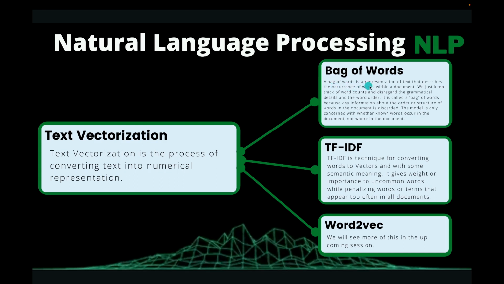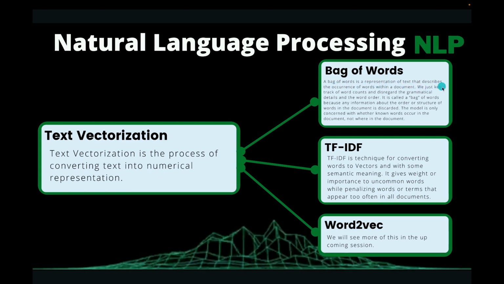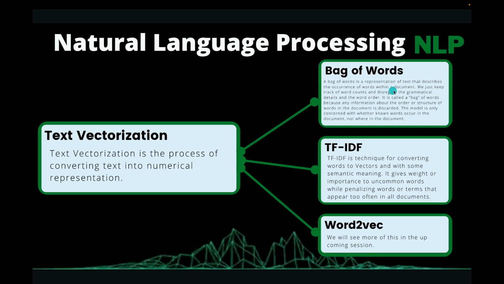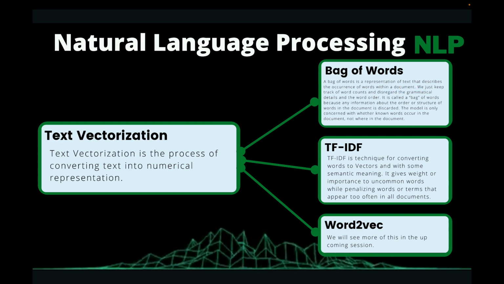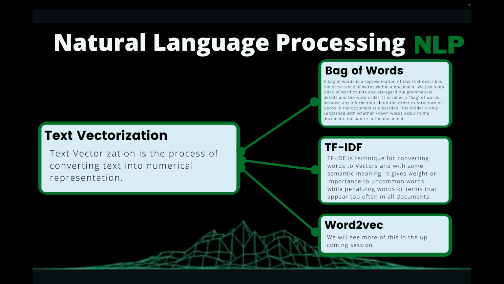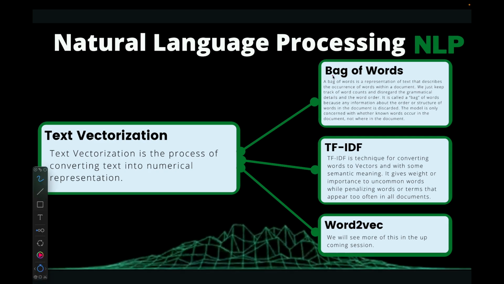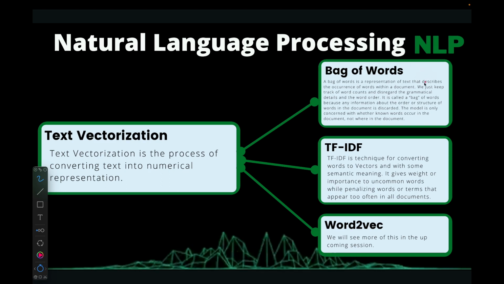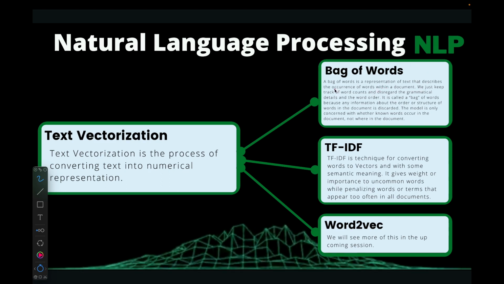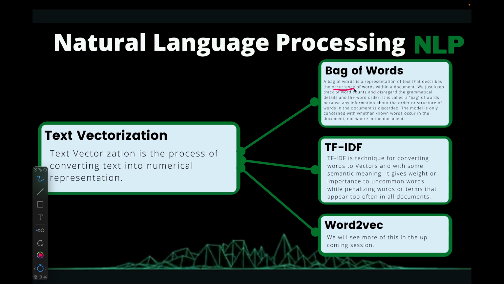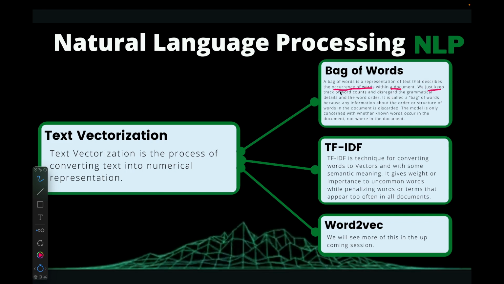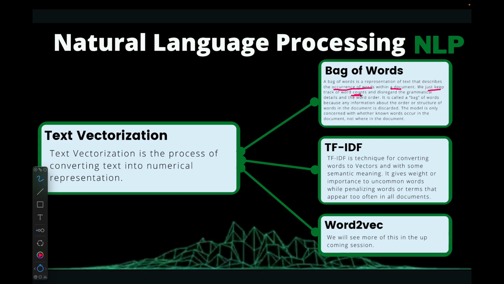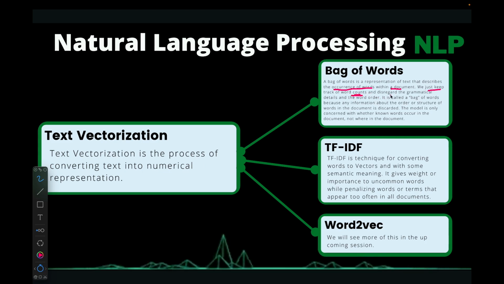Bag of words is a representation of text that describes the occurrence of words within a document. We have a document and then we see how often a particular word occurs. We saw how we do that on the Excel sheet. Our main concern here is to check the occurrence of the word within the document, so we just keep track of the word count and disregard the grammatical details.